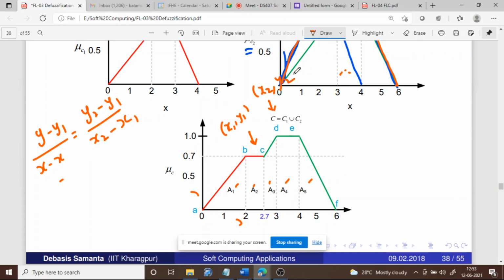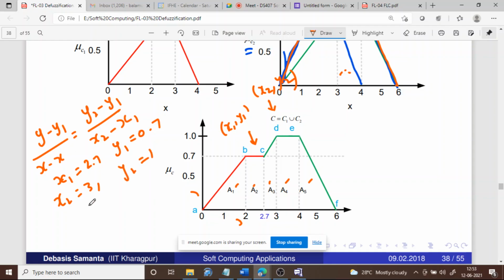What is x1? X1 is 2.7, y1 is 0.7. What is x2? X2 is 3, y2 is 1.